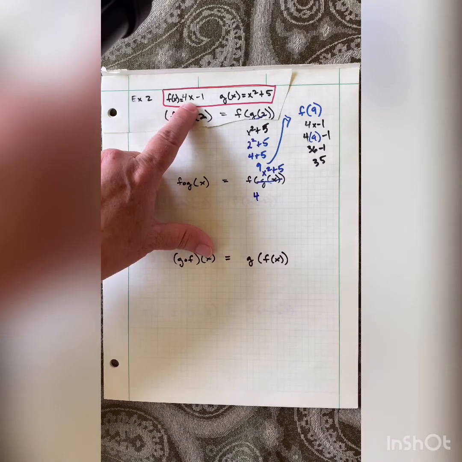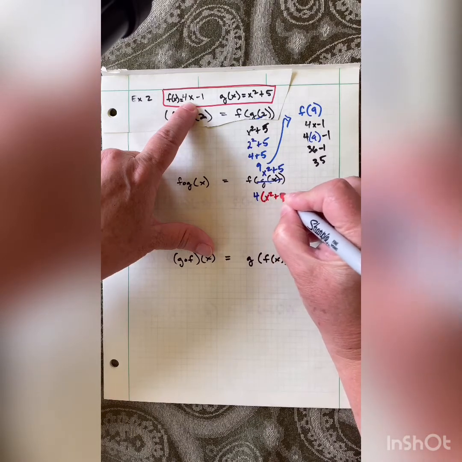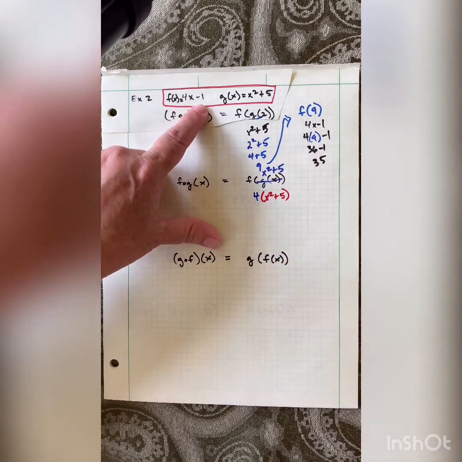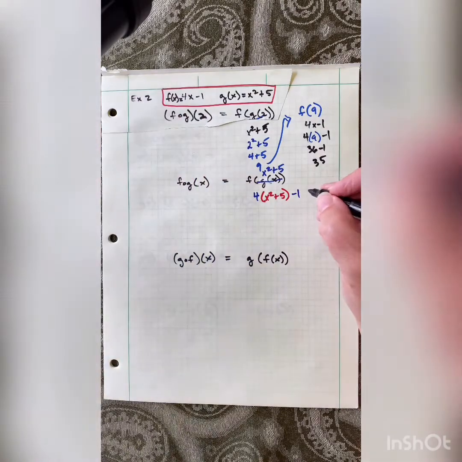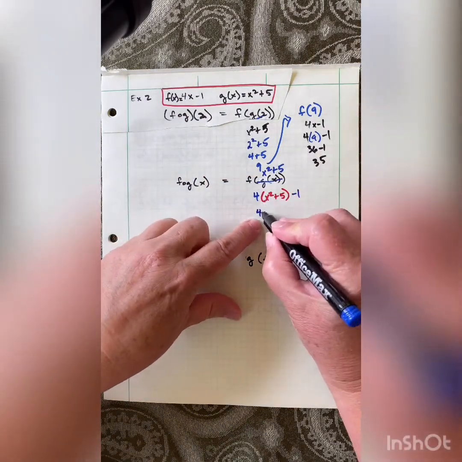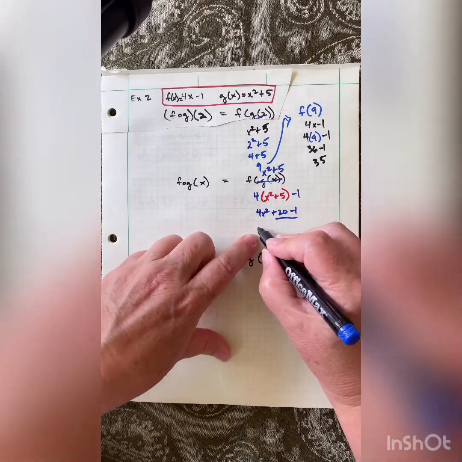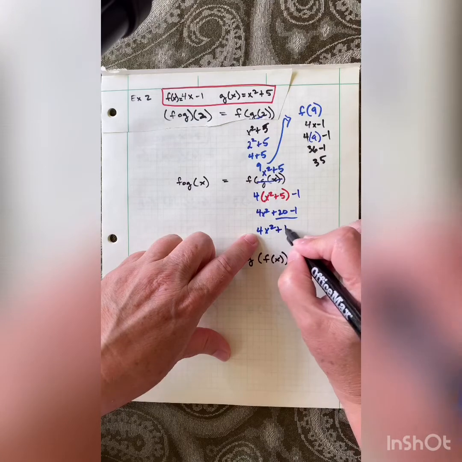Oh, I got an x. So when I got that x, I need to substitute in an x squared plus 5 and then minus 1. Then you do the math. That gives me 4x squared plus 20 minus 1. Combine like terms: 4x squared plus 19.